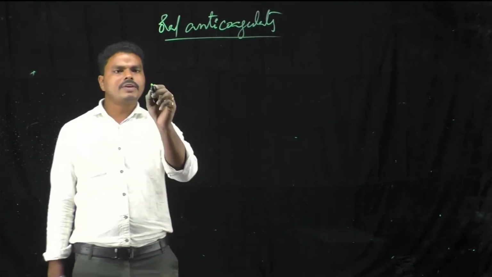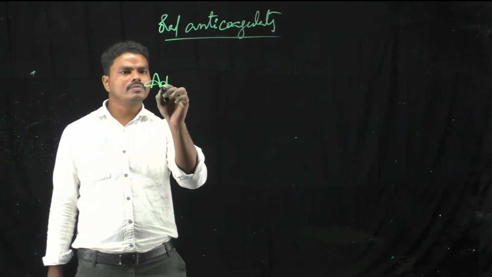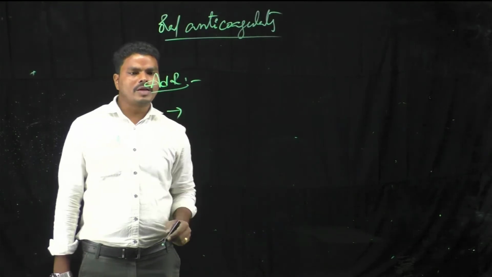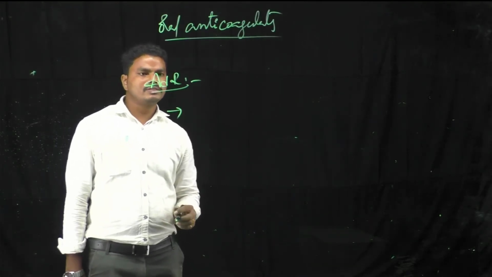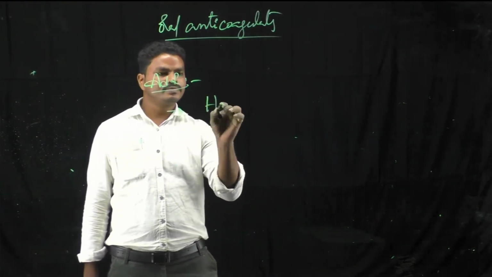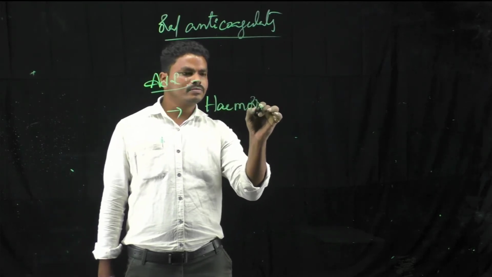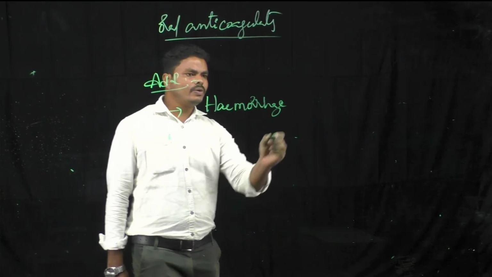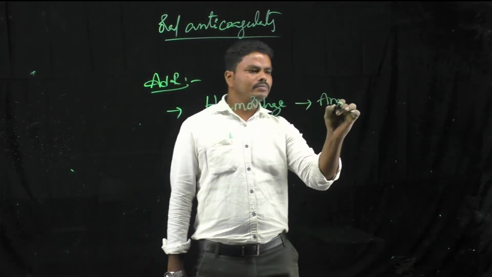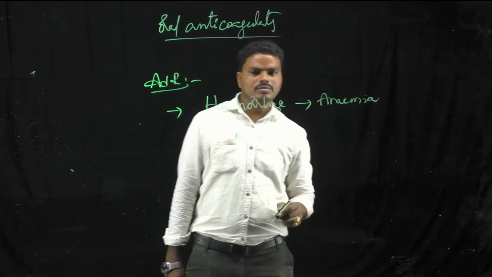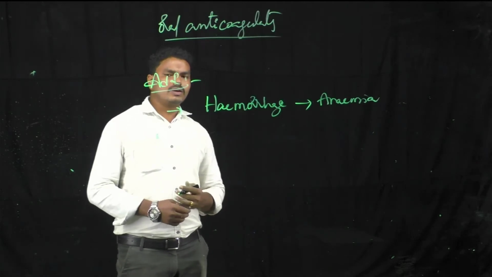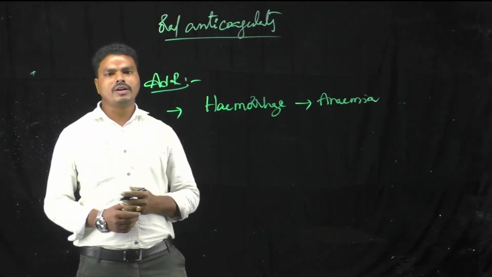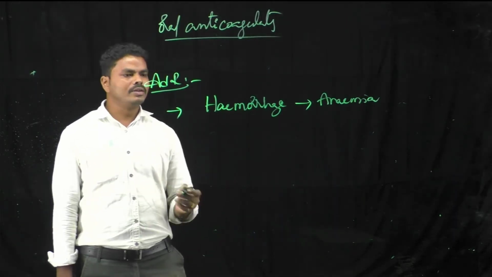And coming to the adverse effects of warfarin, the primary adverse effect of this warfarin is hemorrhage. That means it may lead to anemia. Hence, close monitoring of patients who are administered warfarin is required.